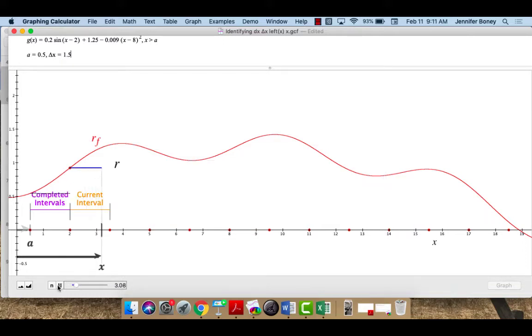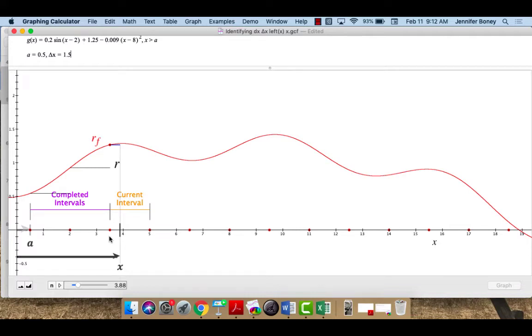So I'm going to pause this after the third interval starts. You can see if a is at 0.5, I would use this one value of the rate for the next 1.5 units, so up to 2. And then I use this next value of the rate from x equals 2 for the next 1.5 units through 3.5.